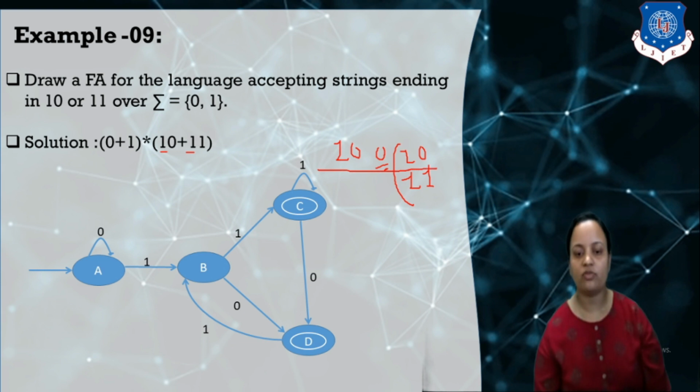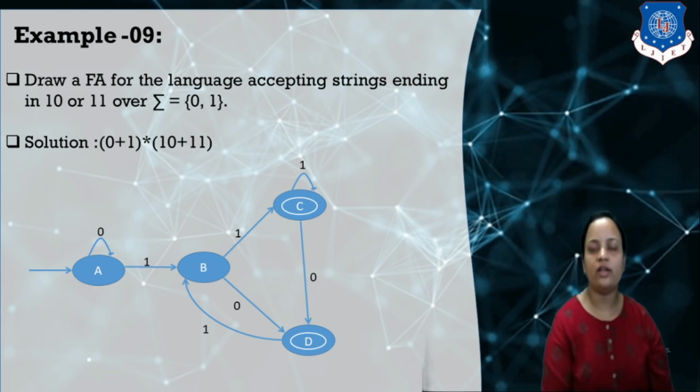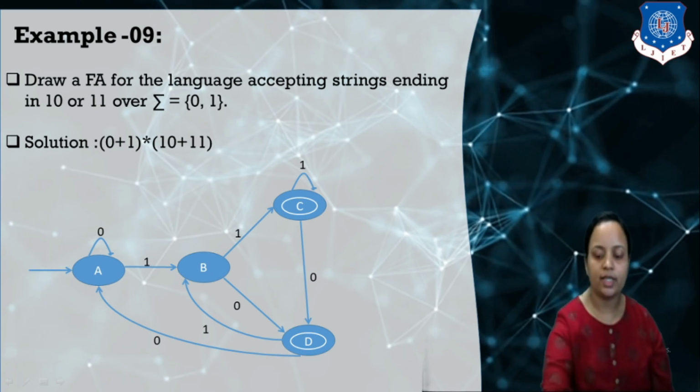To accept this string we need either 10 or 11. If I move the transition on input 0 from state D to A, we get either 11 or 10 using this path. Okay, so in this way we can draw the DFA. I hope this concept is clear to you.